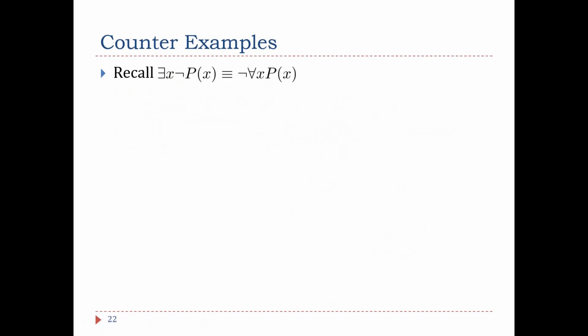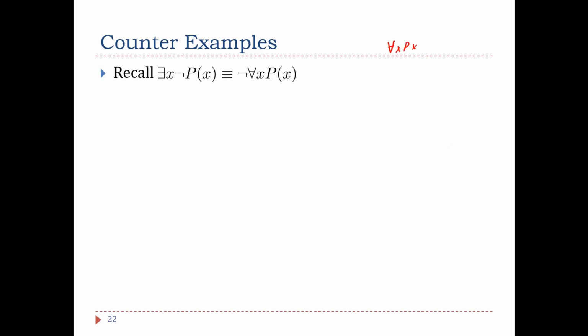Okay, so the last type of proof is the counterexample proof. Actually, it's typically a disproof of a certain theorem of the form for every x, P of x.